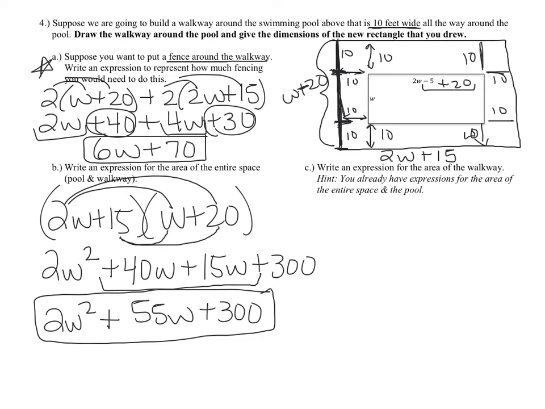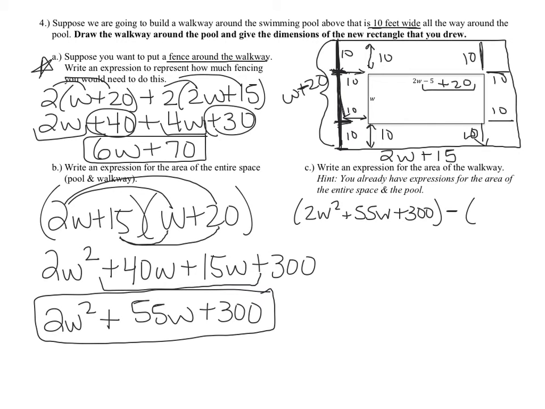So I'm going to take this, 2w squared plus 55w plus 300, and I'm going to subtract the area of the pool. Now the area of the pool, you have to go back up and look at number 3. The area of the pool was the answer we got for 3b, where it says give a simplified expression for the area of the pool.